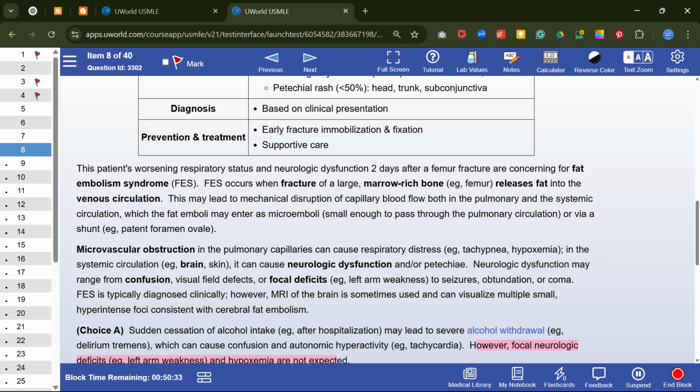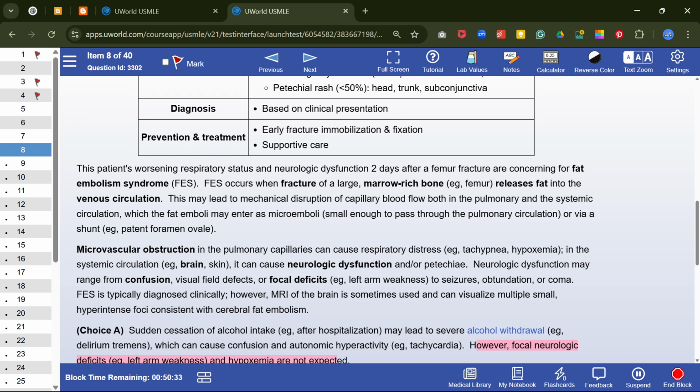This patient's worsening respiratory status and neurologic dysfunction 2 days after a femur fracture are concerning for fat embolism syndrome. Fat embolism syndrome occurs when fractures of a large marrow-rich bone, such as the femur, release fat into the venous circulation.